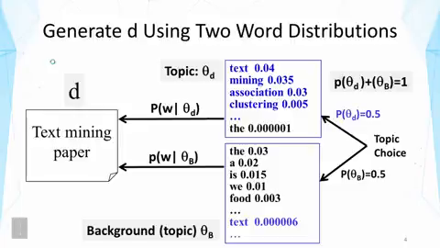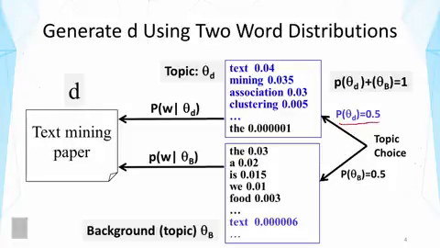Namely, we're going to generate one word at each time, and eventually we'll generate a lot of words. When we generate the word, however, we're going to first decide which of the two distributions to use, and this is controlled by another probability of theta sub d and the probability of theta sub b here.